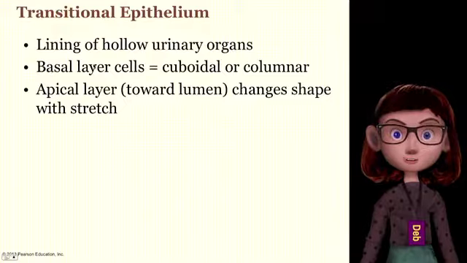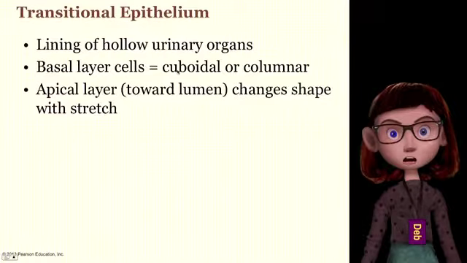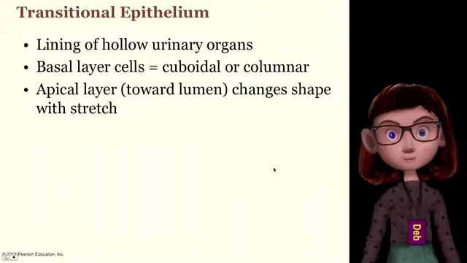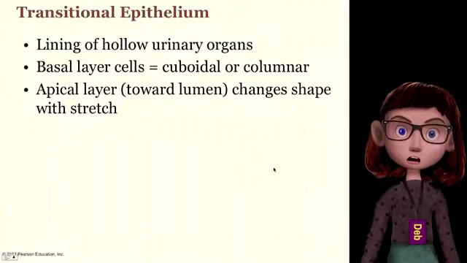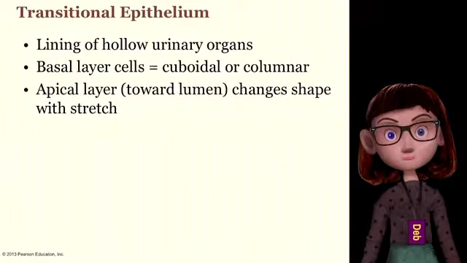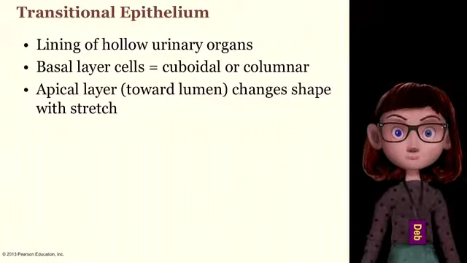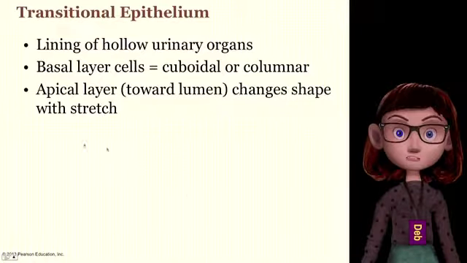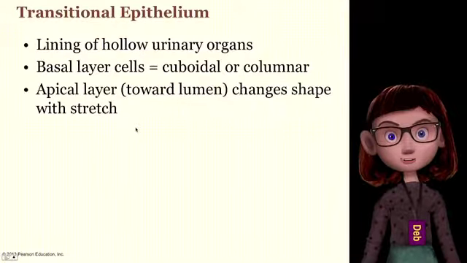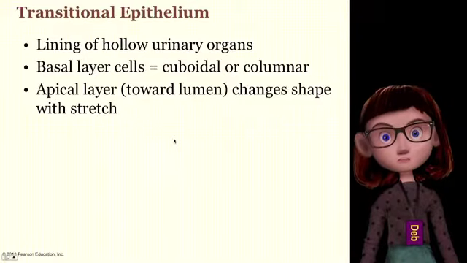So the basal or deep layer of cells will look cuboidal or columnar, and the apical layer, that would be toward the lumen or the space inside of the organ, will change shape if the organ is being stretched. If the organ is stretched, they actually become squamous. If it's empty and not stretched, they appear more cuboidal.